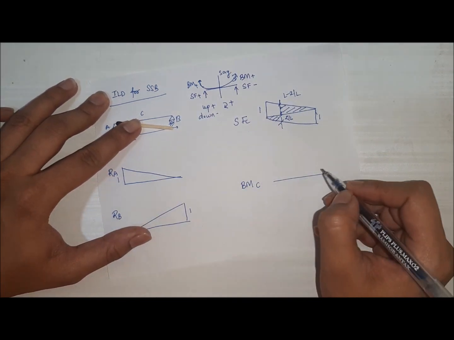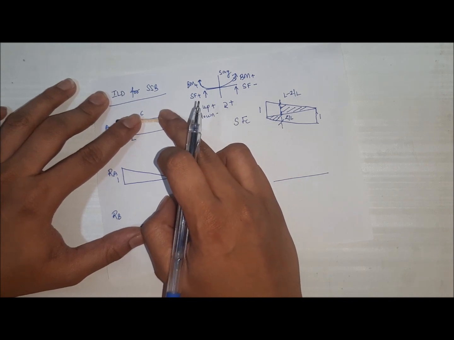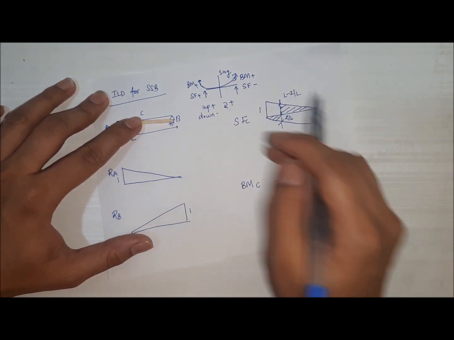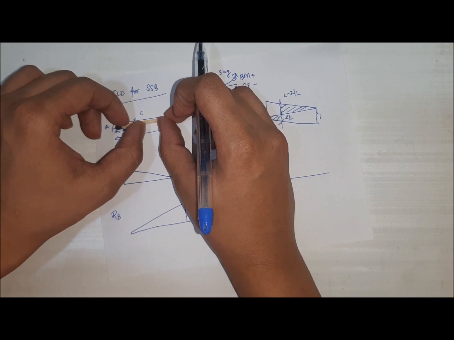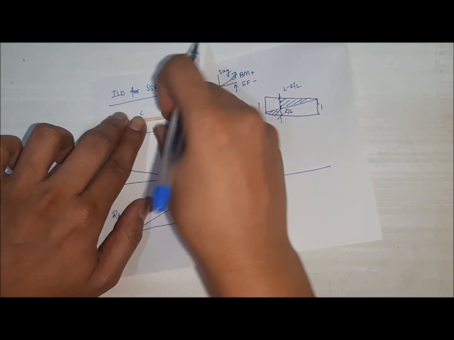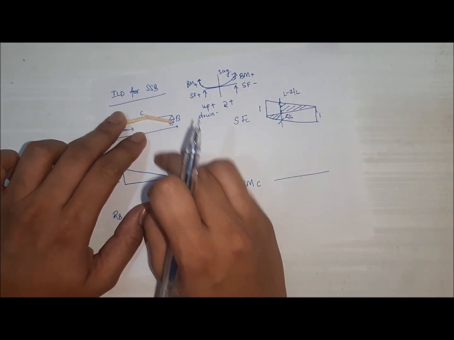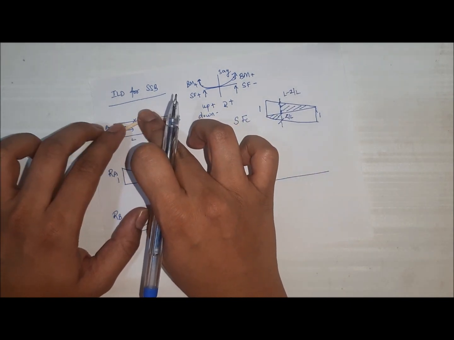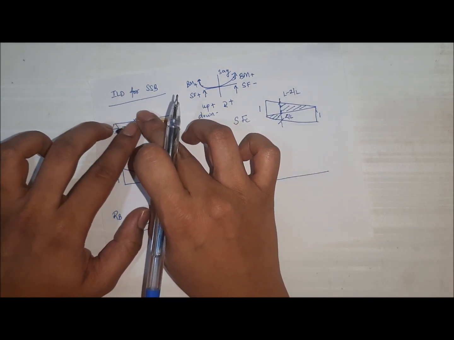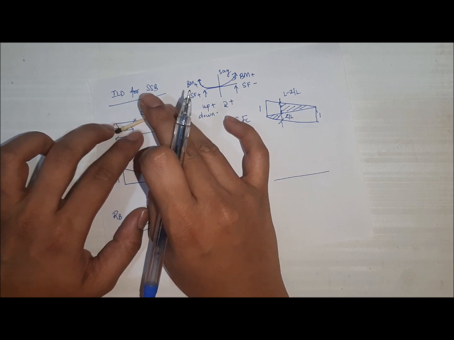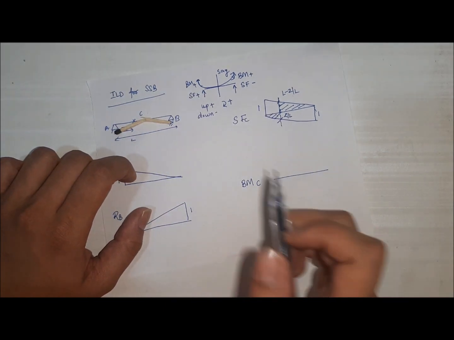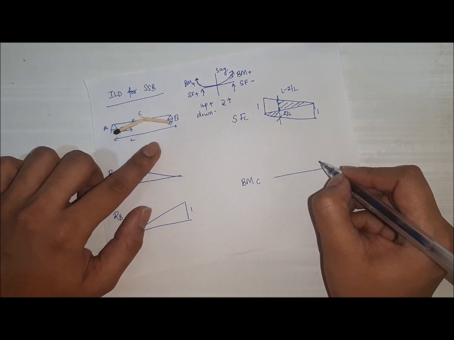But what figure we will get? We will get a triangle. Basically, C point is there. We are bending like this. Suppose it is getting broken, and this is the rotation provided at point C.